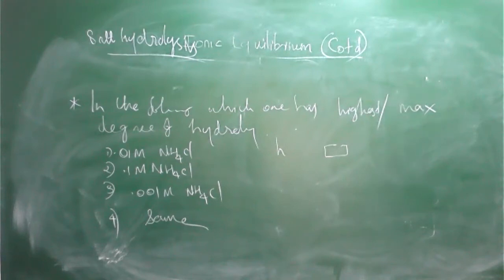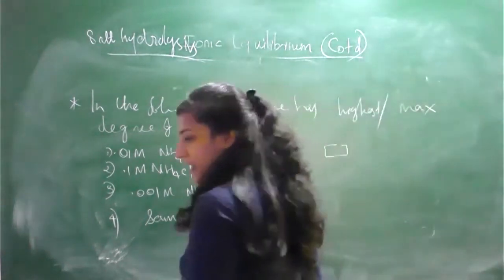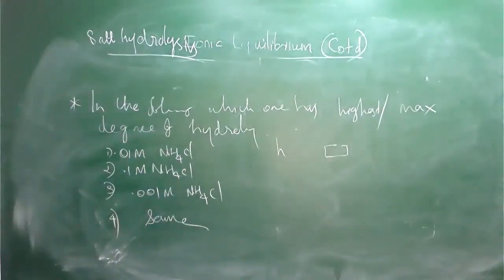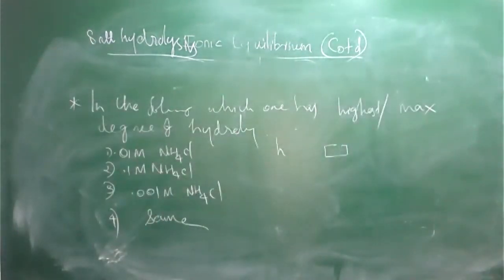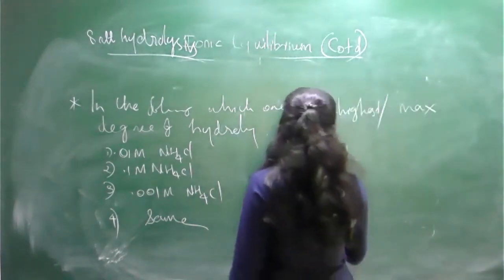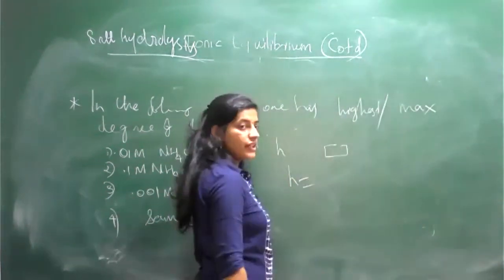Discuss it, discuss it. Tell me a conclusion. You can utilize the equation. What equation do you have, related to concentration? Tell me, H equal to, how will you find out H?